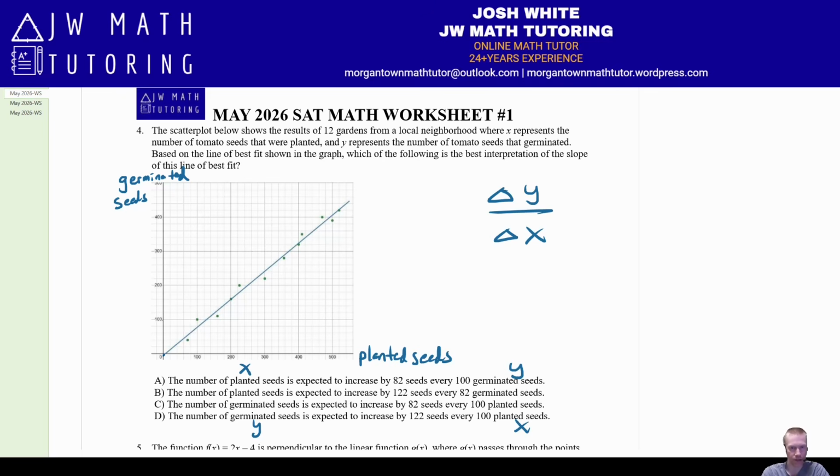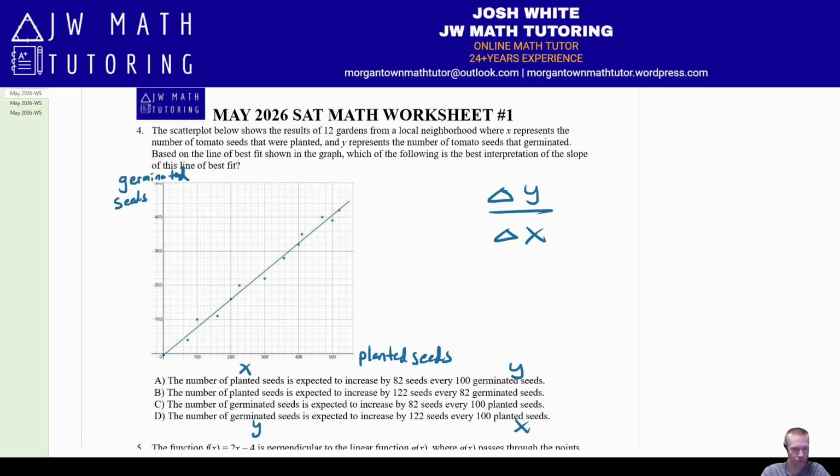Anyways, with all that being said, let's look at answer choice A. The number of planted seeds is expected to increase by 82 for every 100 germinated seeds. So if we start here at 0, 0, now this line, subset out from the graph, I don't think it goes exactly through the origin, but it's close enough that I'm just going to treat it as if it does.